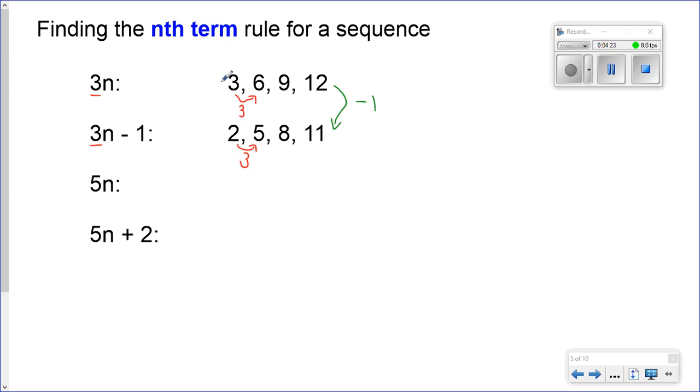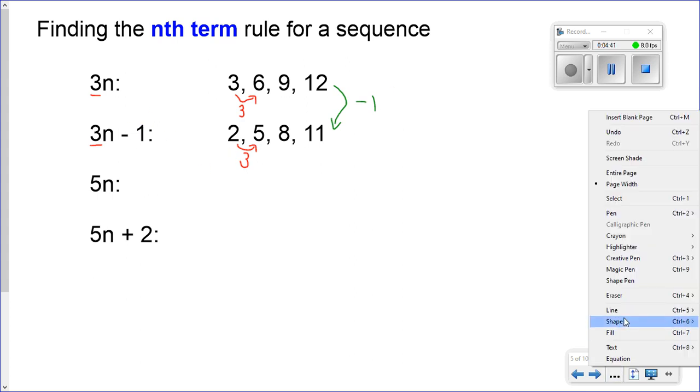So 3n makes the numbers at the top. If I take away 1 from 3n, I would get the numbers below. And of course, that is exactly what the rule tells us. The second rule is the 3n rule with 1 taken away. Let's have a look at the next two rules.